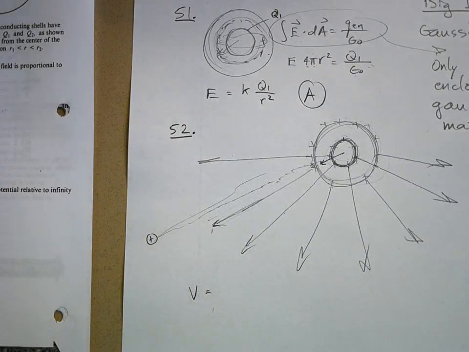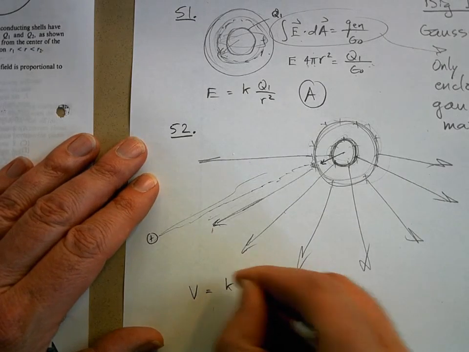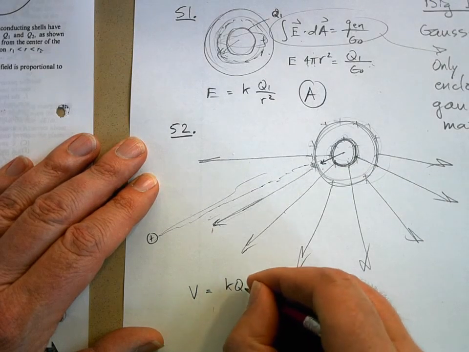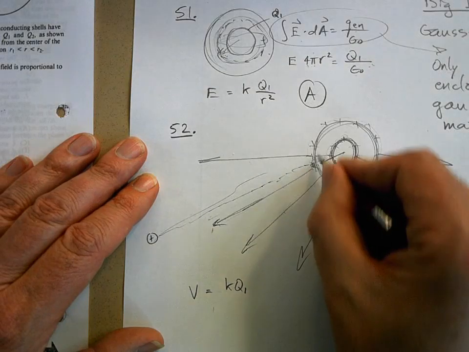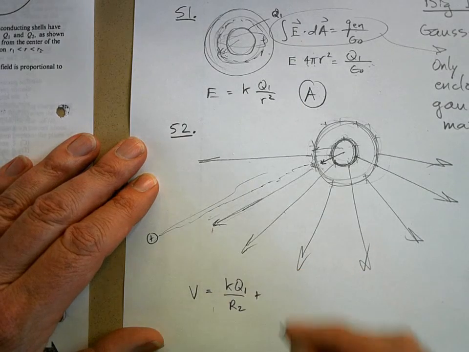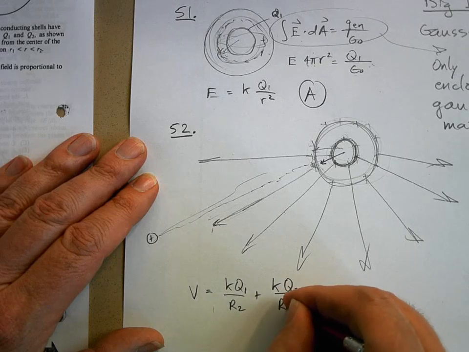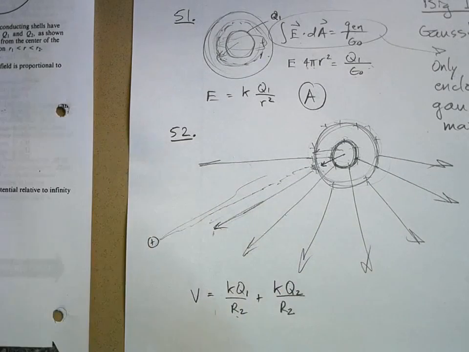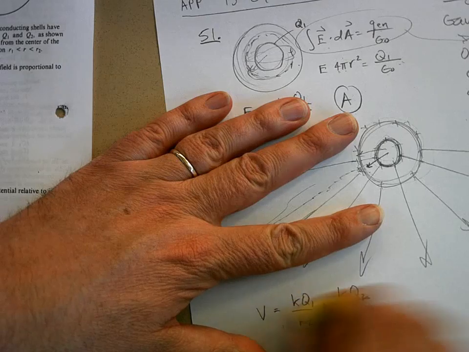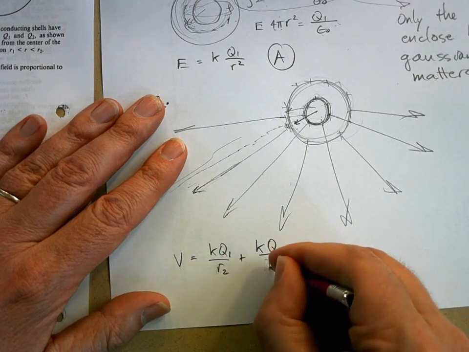A spherical charge symmetry gives us a spherical electric field, which means that the voltage at some point from the center of that is going to be KQ1 over R2, plus KQ2 over R2. And I guess I should use little r2. Let me fix that. Stick with the variables that are in the problem.